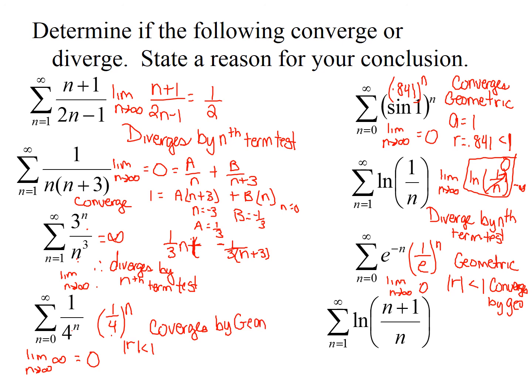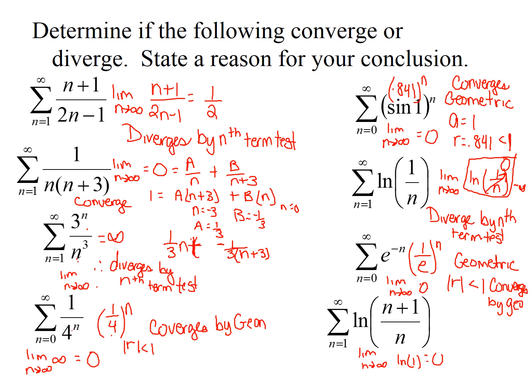And our last one, once again, we take the limit. We always start with the nth term test, the limit as n approaches infinity. And inside of this will give me 1. So I have the natural log of 1, which is 0. Now, will this converge? We don't know. We have to use a different test. So I think that this is telescopic.